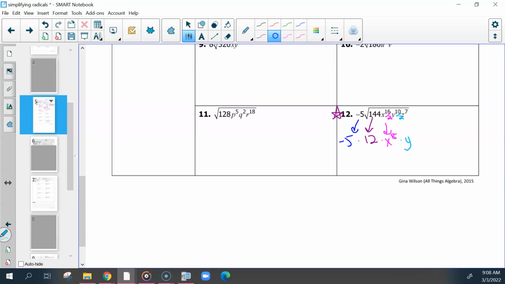So y to the 5th. And then 2 goes into 7 how many times? 3. Z to the 3rd with how many left over? 1. So the last thing we need to do is multiply -5 and 12.